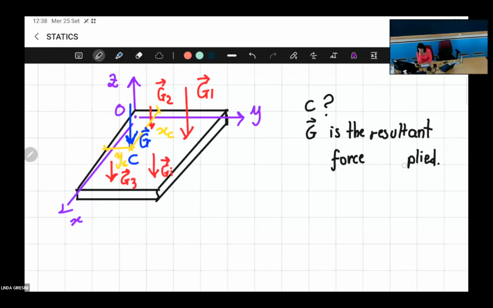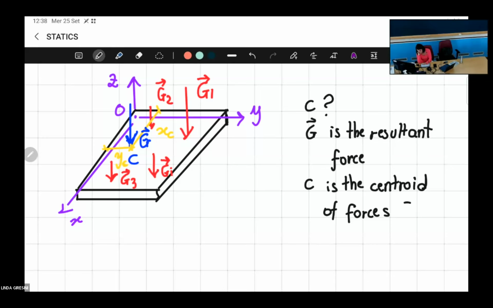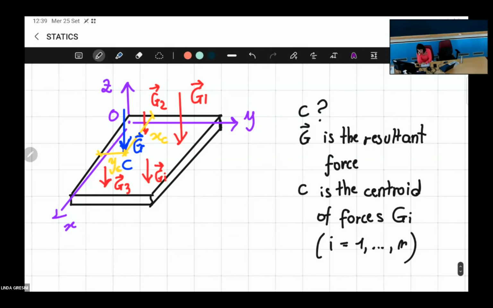G is the resultant force. C is the centroid of forces Gi for i from 1 to n, if we have n forces in the system. Okay?